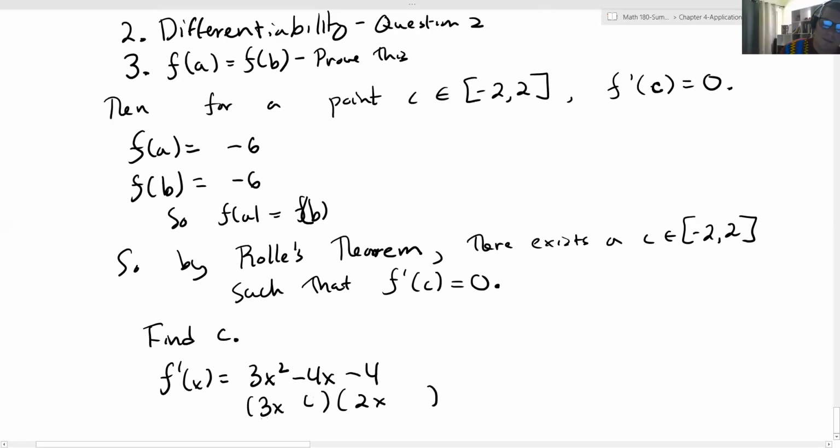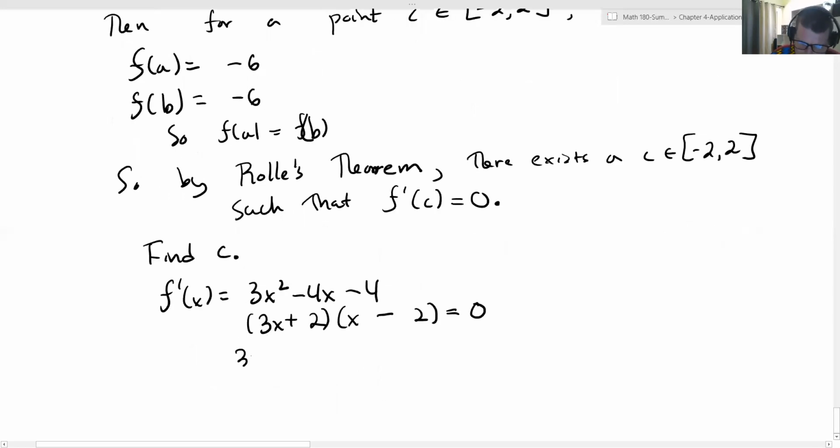What's the 2x? It should just be x. Yes, thank you, it's just x, that's right, absolutely correct. And then this is a 2 and a 2. That's why I was like, okay, there are 2 and 2's at the end. This is going to be a minus, this will be a plus, equals 0.